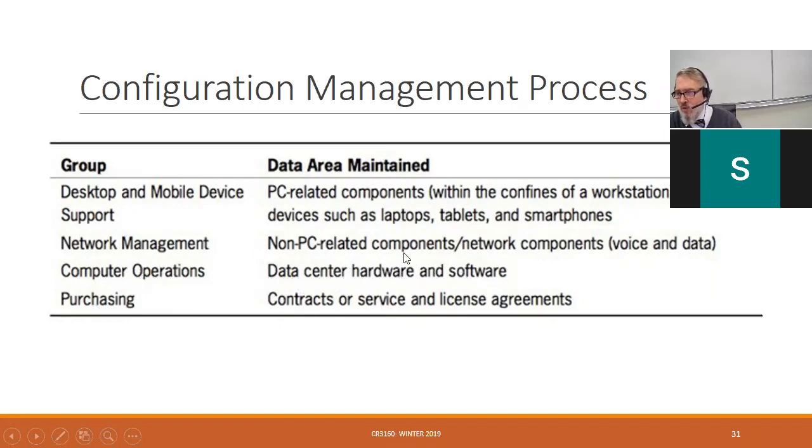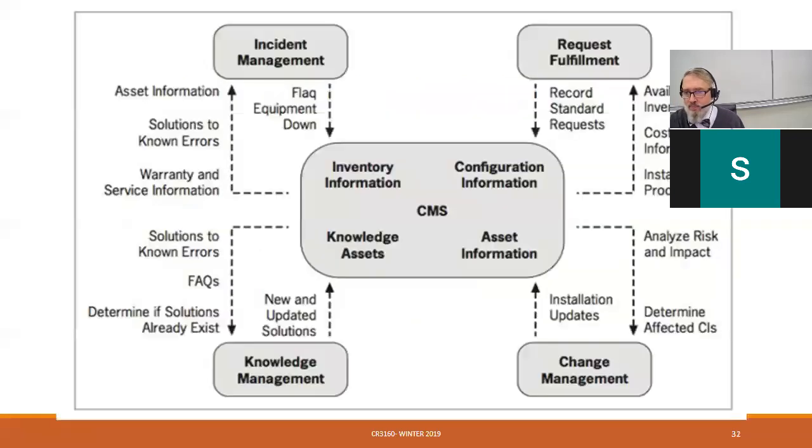Network management, we're going to have some network diagrams of these things and everything recorded. Desktop, we're going to have records of all the computers and tablets and smartphones. We're going to keep all of these. All of these things will be in our configuration management system. Now, we're not talking about a book necessarily. We're talking about databases, okay, that we can extract data from.